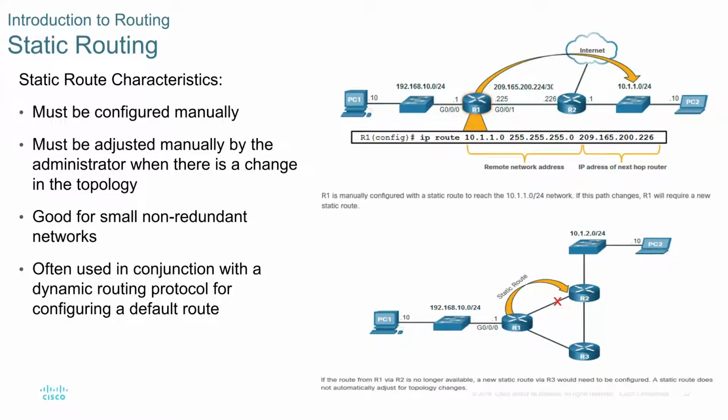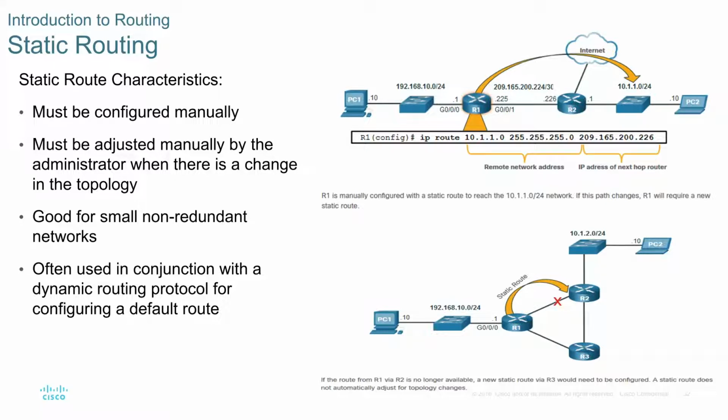A default route is normally referred to as a quad zero, whereas instead of having the route such as 10.1.1.0 and the subnet mask, a default route would be 0.0.0.0 with a subnet mask of 0.0.0.0.